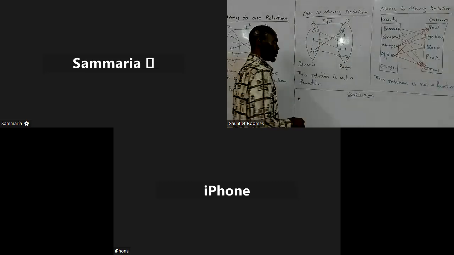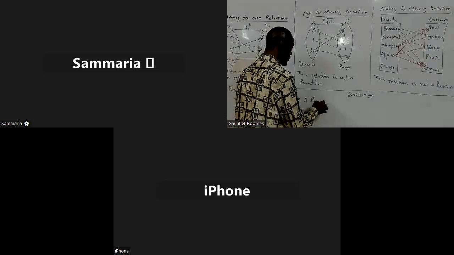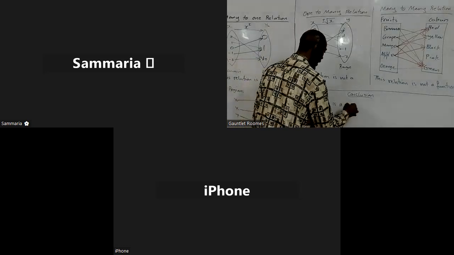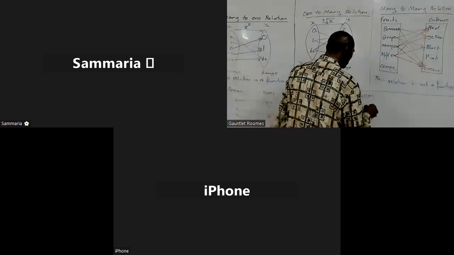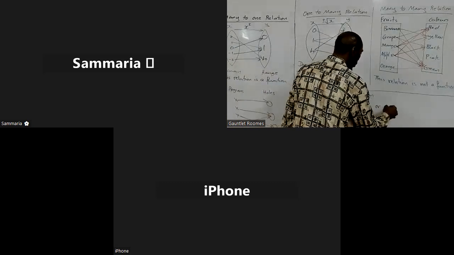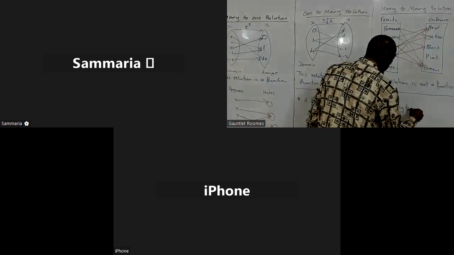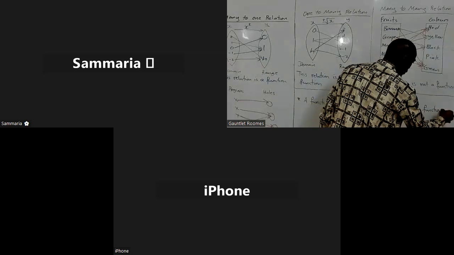So in conclusion, one can say a function is a one-to-one or a many-to-one function.